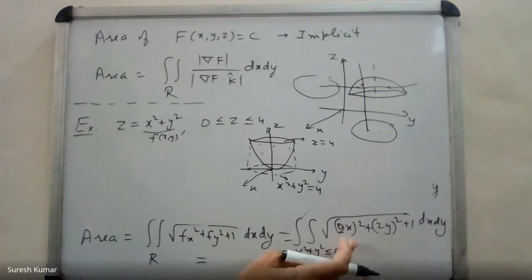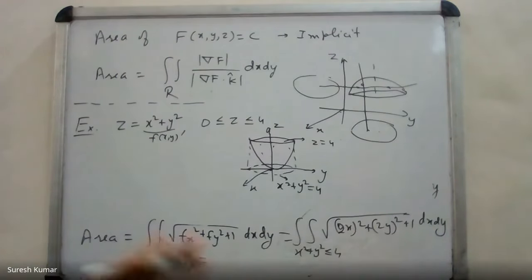Put x equal to r cos theta, y equal to r sin theta, Jacobian is r. So the double integral becomes the integral of square root of 4r square plus 1, times r, dr dtheta, where r varies from 0 to 2, theta from 0 to 2 pi.